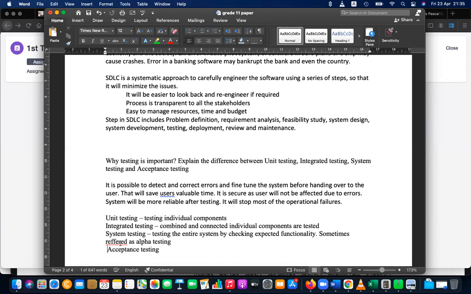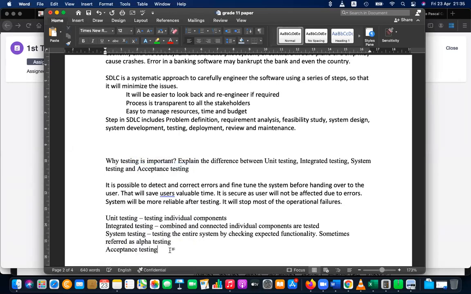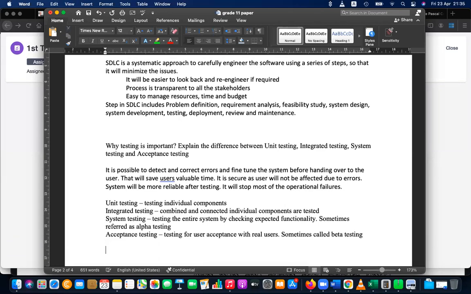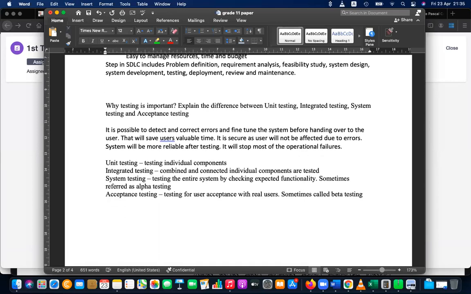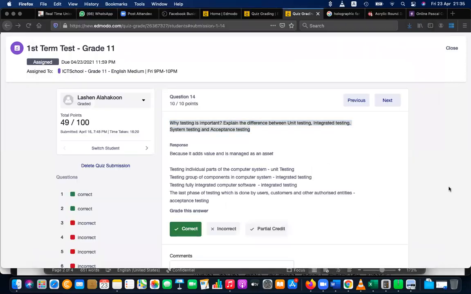The acceptance testing is basically testing for user acceptance with real users, sometimes called beta testing. I don't know whether you have heard, but basically when a new version of software is released, it's initially released as an alpha version.